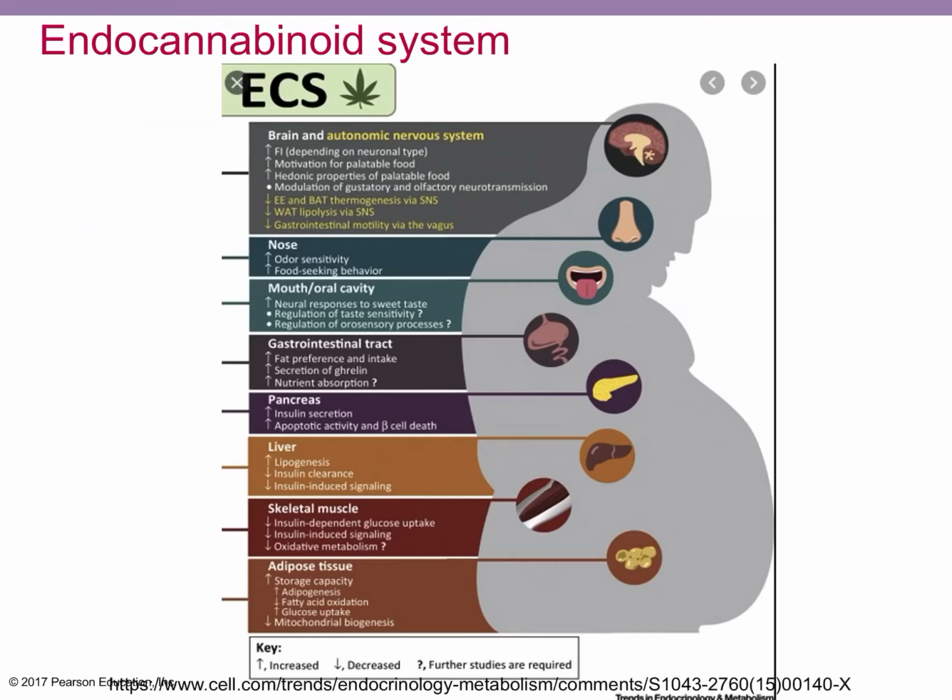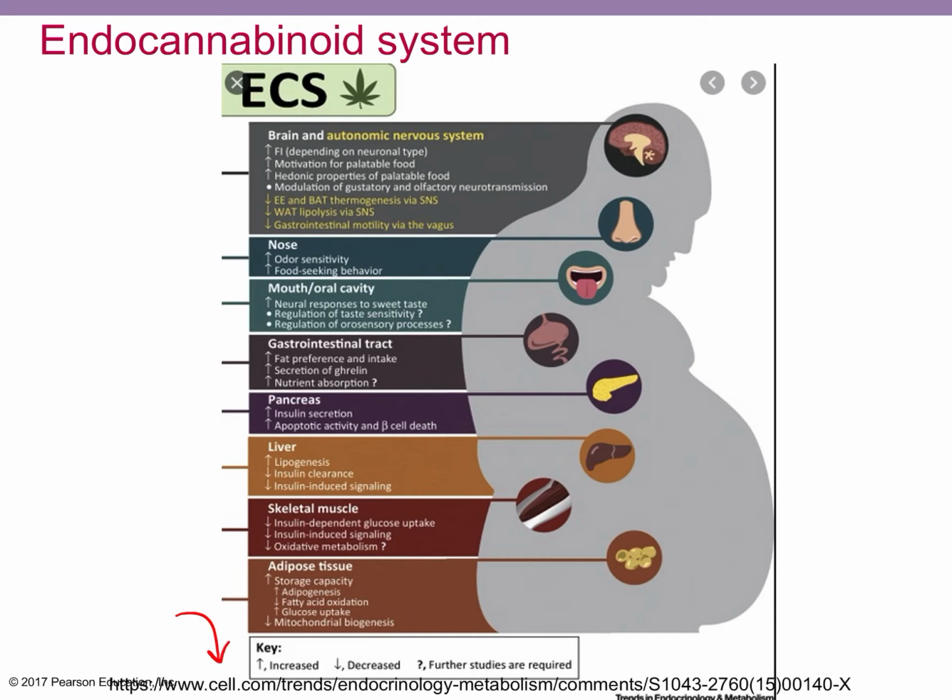I just thought I'd show you this one research paper from Cell. Cell is a very prestigious publication that only publishes serious work. So this research is basically looking at metabolism and how the endocannabinoid system mediates obesity and our calorie intake and our metabolism.